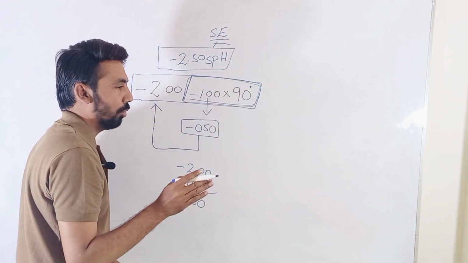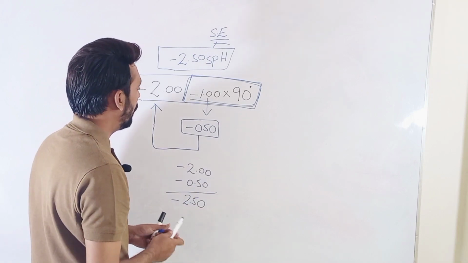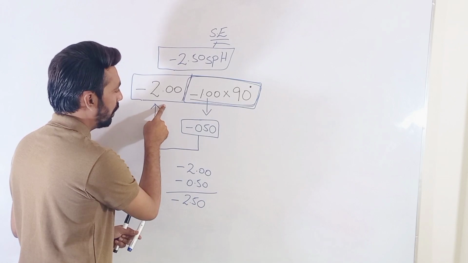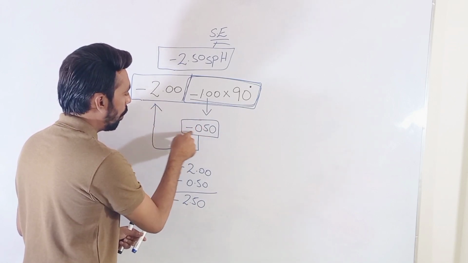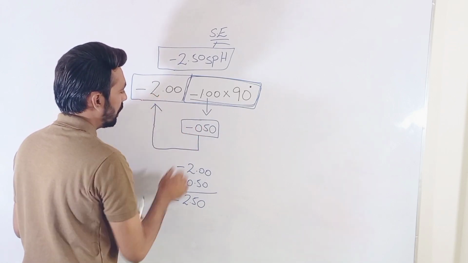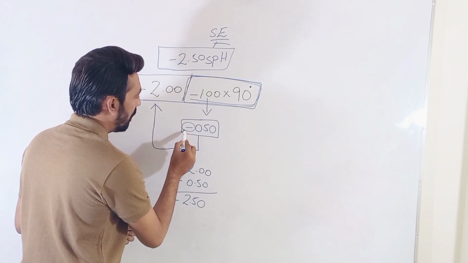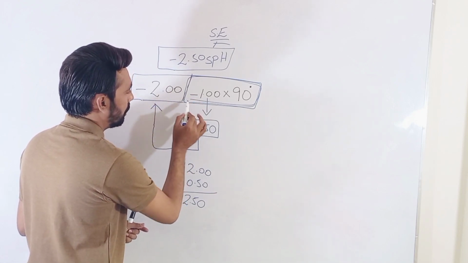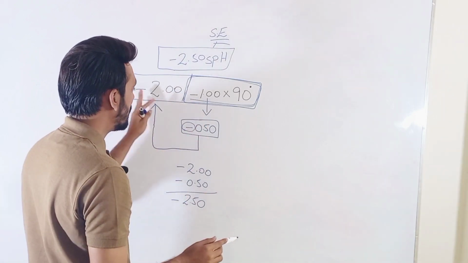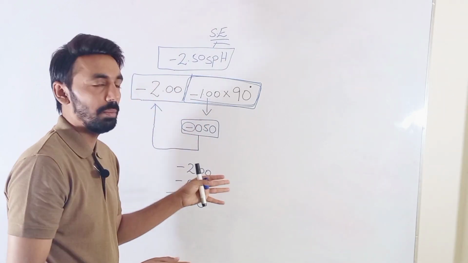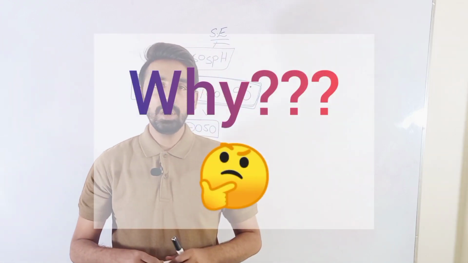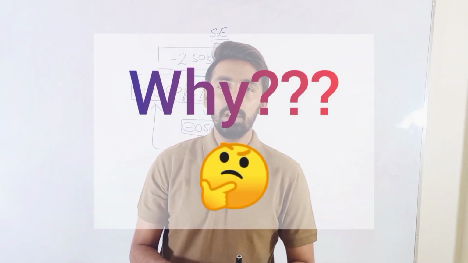But the point you have to keep in mind is that when you add half of your cylinder to the spherical correction, your cylinder goes into the spherical correction with the same sign, the minus sign which it already has. So we will move with the same sign. You have to keep this point in mind. Now we will discuss why we need to perform this spherical equivalent.